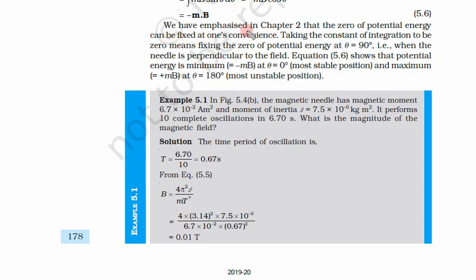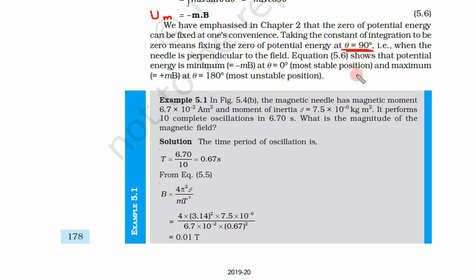Now we have emphasized in chapter 2 that the zero of the potential energy can be fixed anywhere. Taking the constant of integration to be 0, that means fixing the zero of potential energy. So where do we get zero potential energy?